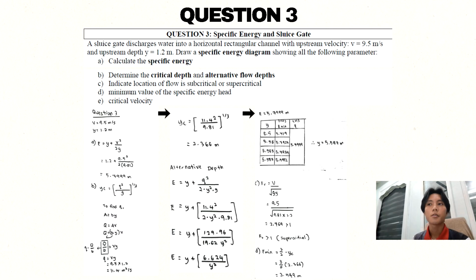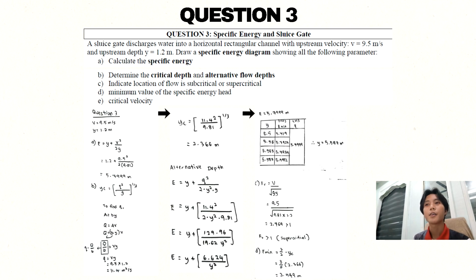For the alternative depth, the formula we will use is E equals y plus q square over 2 times y square times gravity. So by putting all the amounts that we have calculated before, we will get the answer E equals 5.999 meters.